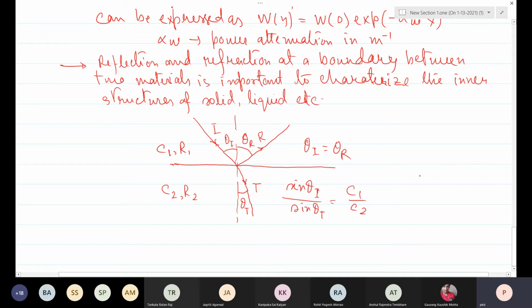So reflection coefficient alpha R, energy reflection coefficient. There are two reflection coefficients that can be defined. One is amplitude reflection coefficient and another is energy reflection coefficient. So this is the energy reflection coefficient, which is the square of the amplitude reflection coefficient.